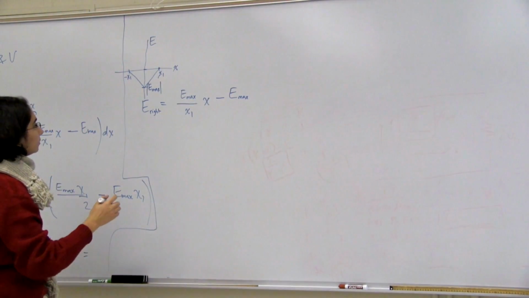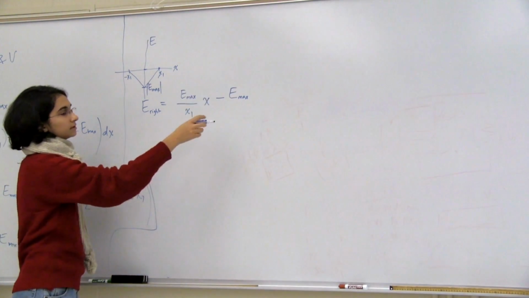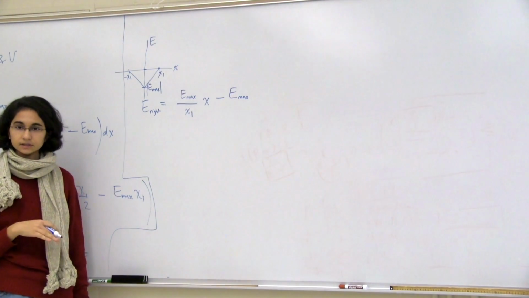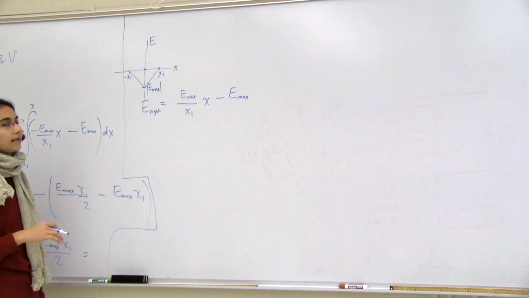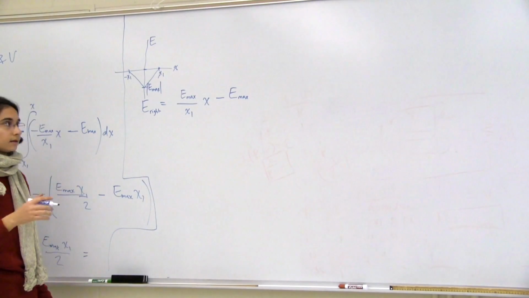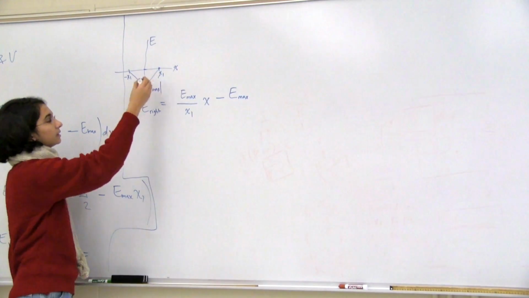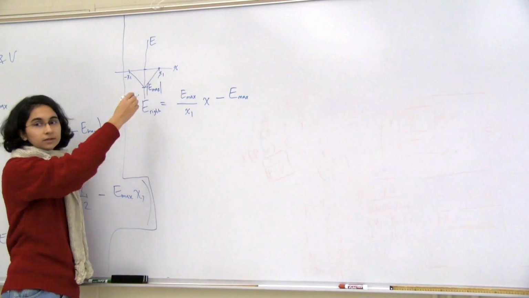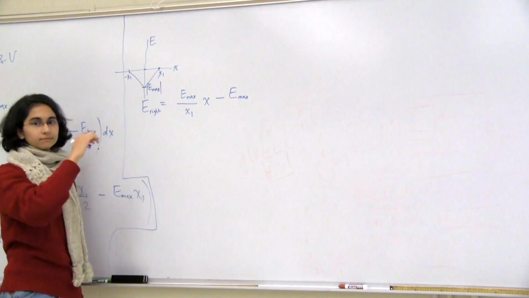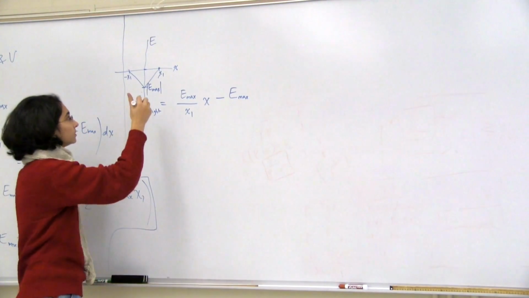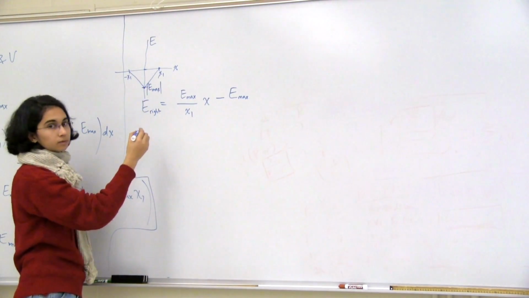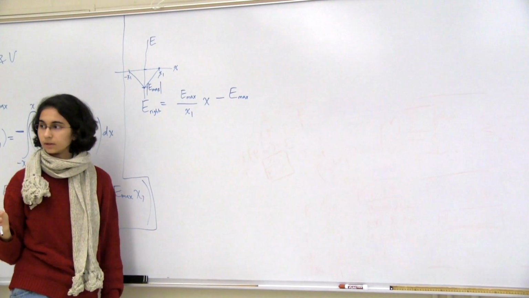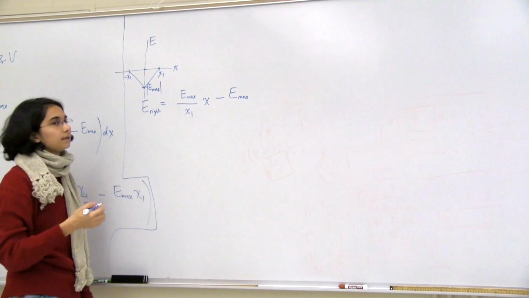Now if I integrate this expression, it's again going to give me a potential difference between my final point and my initial point. So if I want an expression in terms of x, I'll choose an arbitrary x value ranging between 0 and positive x1. Is that making sense? I'm going to start at 0 and then go to any arbitrary x less than or equal to x1. That's important to realize.